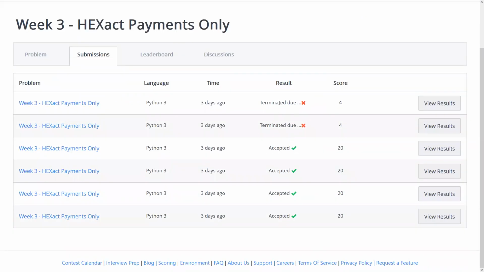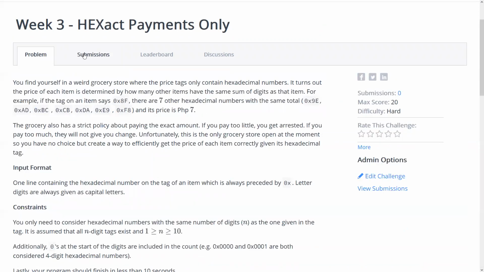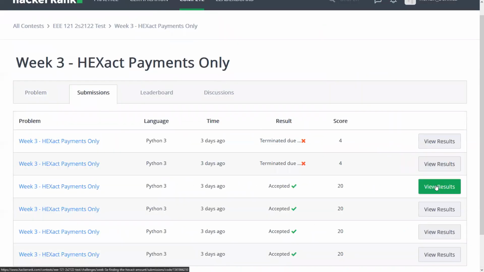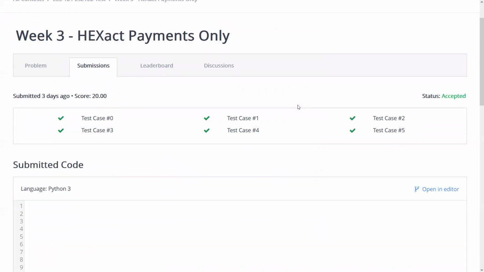Madalas kang magkakaroon ng termination error dito if gumamit ka ng straightforward na code. However, if you do it correctly or in the best way, kaya mong masolve lahat ng cases within less than a tenth of a second dapat.